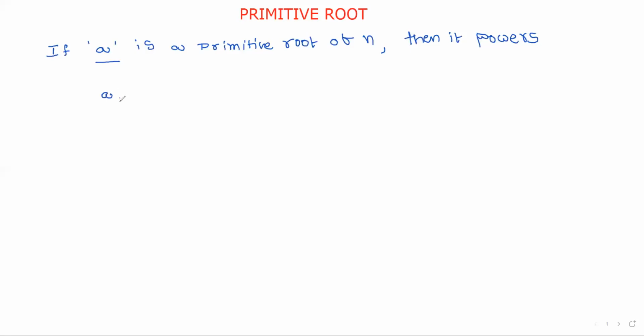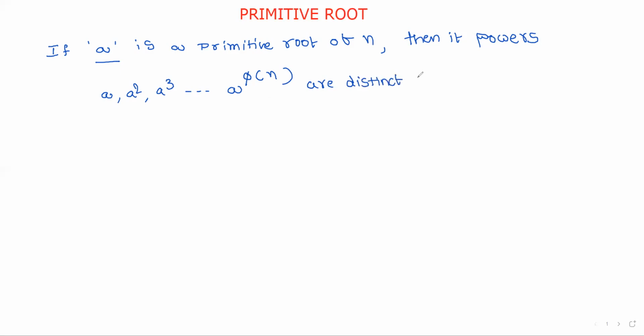In this session, we will discuss how to calculate a primitive root. Consider if a is a primitive root of n. Then its powers, that is a square, a cube, and so on, a power phi of n, are distinct.